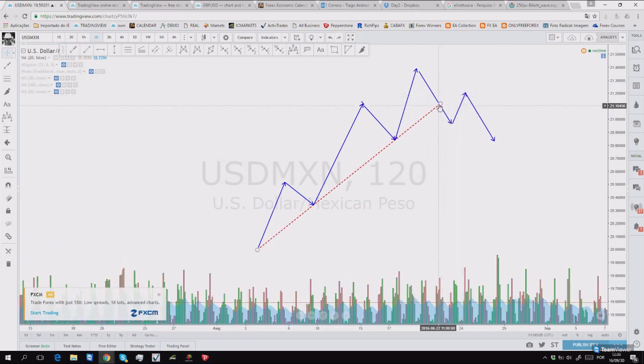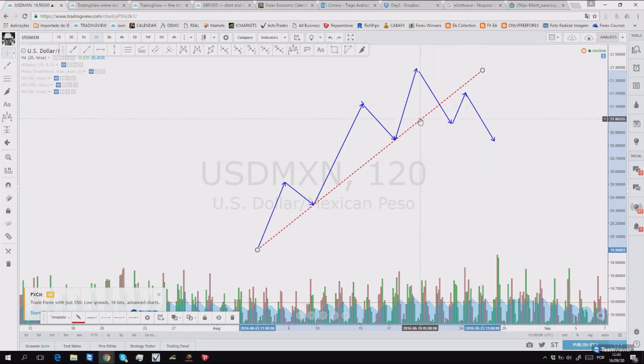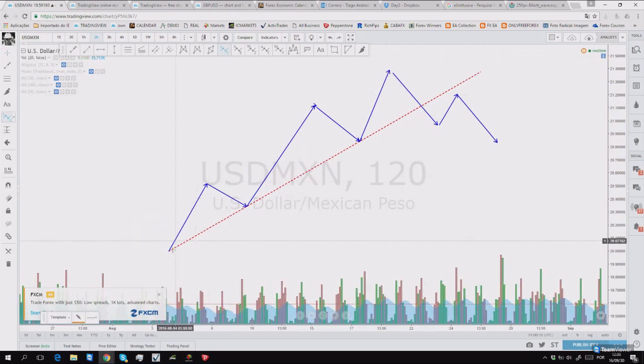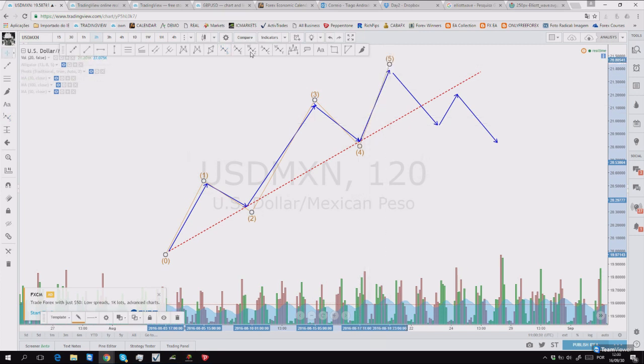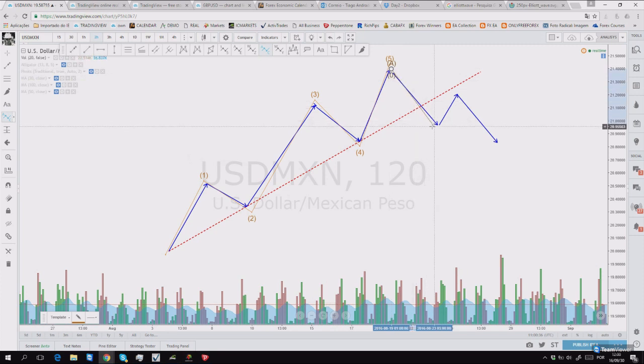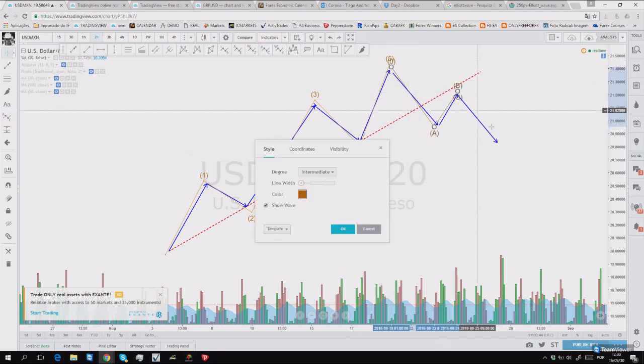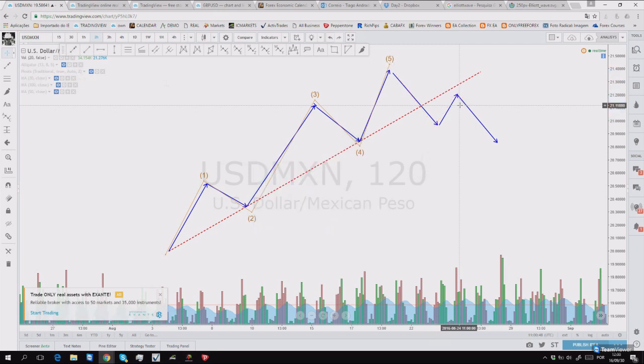Why don't I trade head and shoulders? What you sometimes have is that I'll put the labels on here. 1, 2, 1, 2, 3, 4, 5. A, B, C. A, B, C.